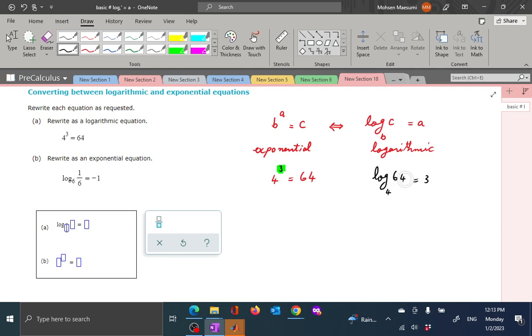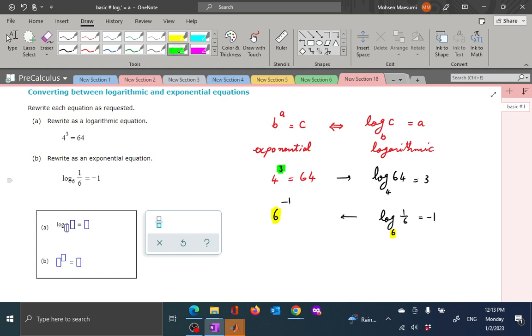The opposite of this is, for example, the logarithm of 1/6 in base 6 is equal to -1. What does that mean? Another way of writing this is that this 6, so let me color it so you see which 6 is meant, this 6 raised to the power of -1.